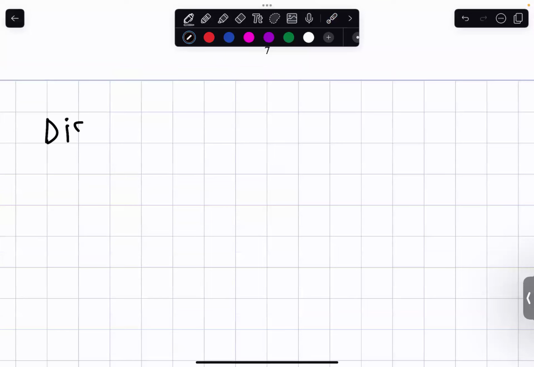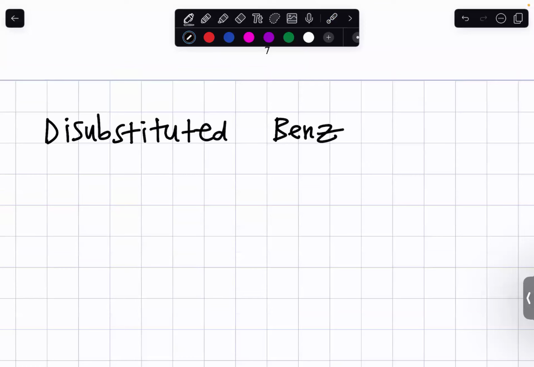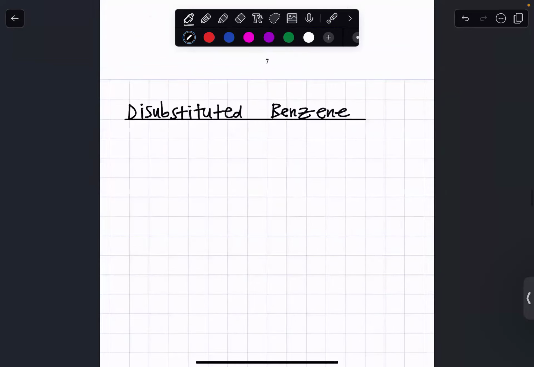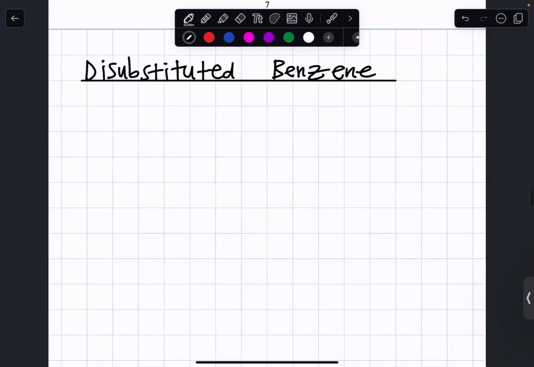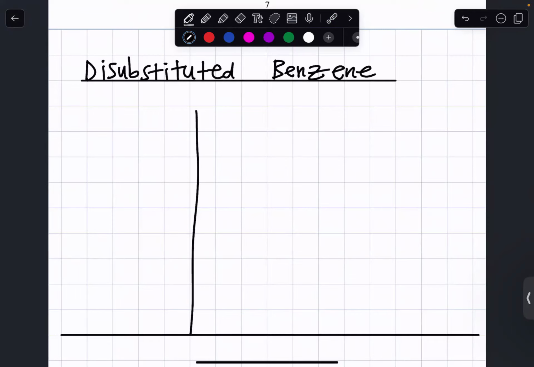But let me show you this pattern here, which will most likely show up on the HNMR on the exam with a di-substituted benzene ring, right? Ortho, meta, or para, right? So let me actually separate this like this. So then you guys have a clear chart of the differences between ortho, meta, and para in HNMR.